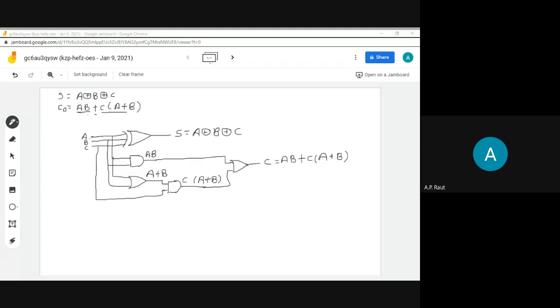So we discussed the half adder and full adder. What is the application of the full adder, or where do we use the full adder? Write down the next topic in the full adder, that is the application of full adder.